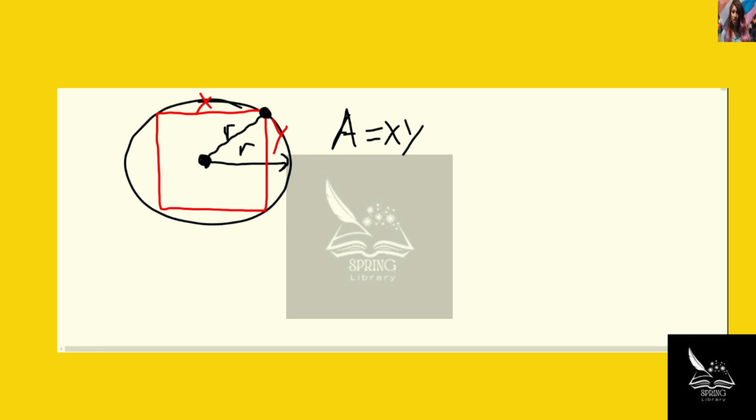So by the Pythagorean theorem, half of the length of one side, (x/2) squared, plus half of the length of the other side, (y/2) squared, is equal to the hypotenuse r squared. In this way, we have a relationship between x and y.